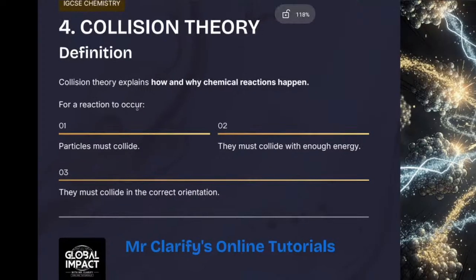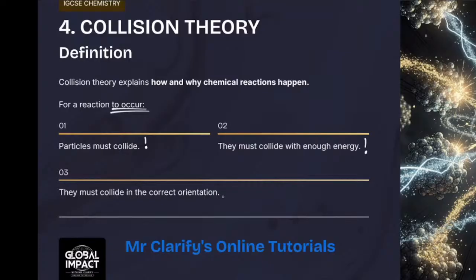So it tells you the conditions for a reaction to occur, period. It says for a reaction to occur, particles must collide. And number 2, they must collide with enough energy. If they collide like this, no reaction will happen. But if they come with enough energy, they can ignite each other for a reaction to happen.